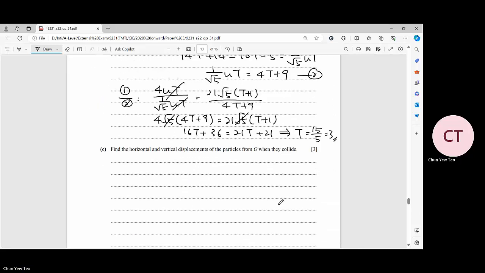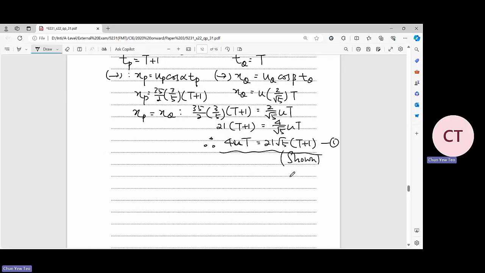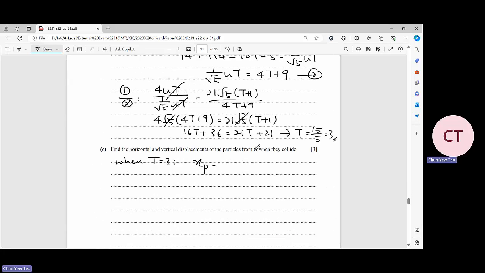And now move on. Find the horizontal and the vertical displacement of the particle when they collide. Okay, so when t is equal to 3, the horizontal displacement, what is your x? I use xp. xp is 21 over 2 of (t plus 1), so you get 42.